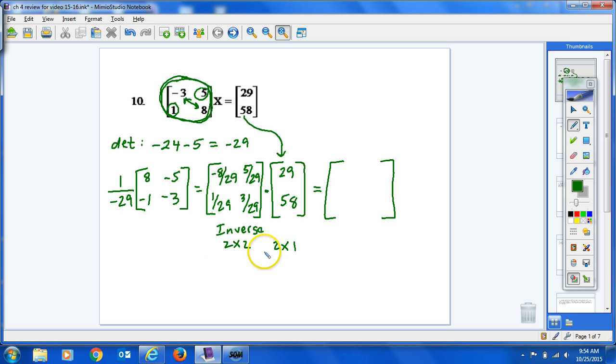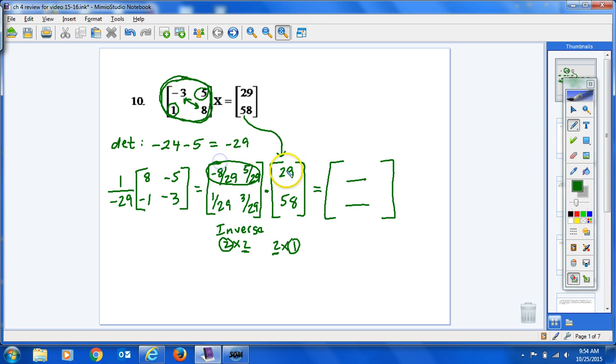And so the inside numbers match, which means we can multiply. The outside numbers tell us the dimensions of the product matrix, so we're going to have a 2 row, 1 column answer.